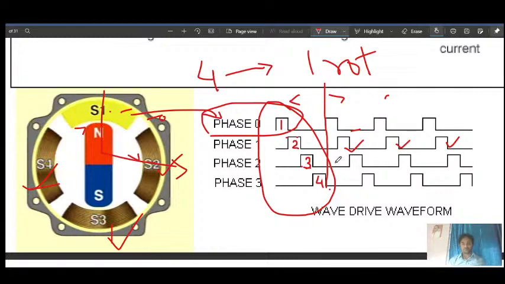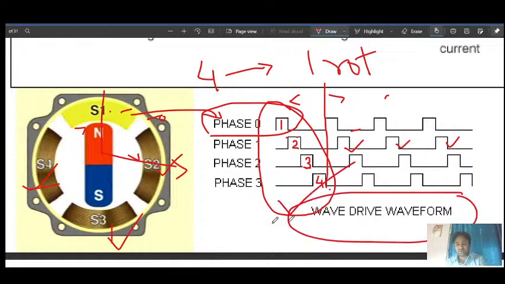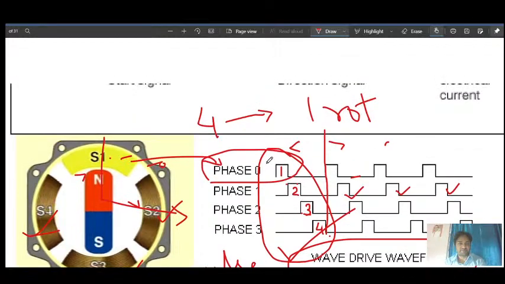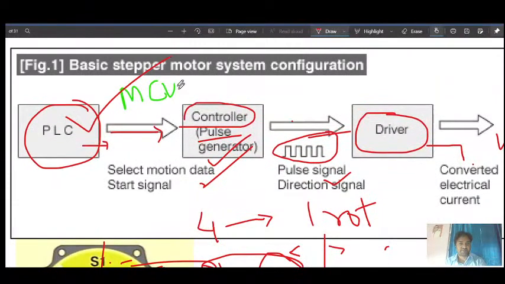Okay, so if these pulses are continuously supplied in this way, we can call it a pulse train. Pulse trains are supplied from the PLC, and then it goes to the controller, and then the controller generates the pulse signal, and then it goes to the driver, and it is converted to an electrical signal, and that electrical signal drives the motor.